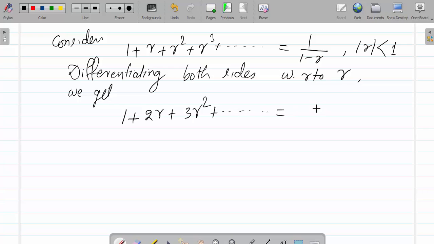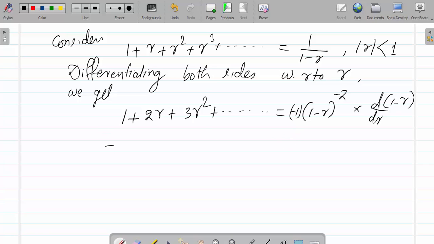This is equal to -1 into (1 - r)^(-2) into d/dr of (1 - r).